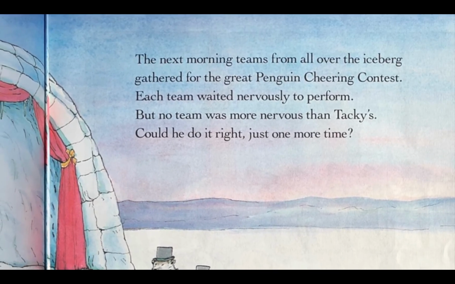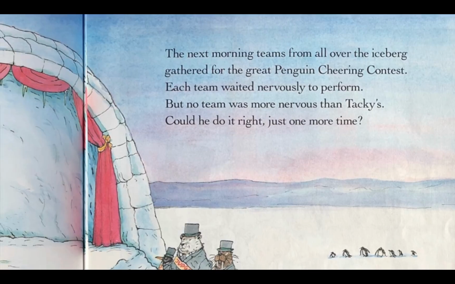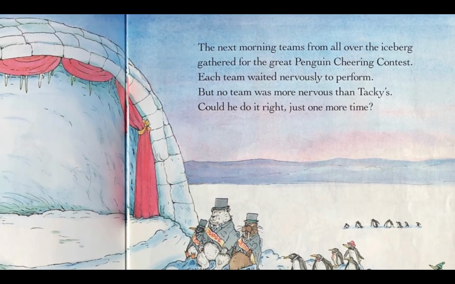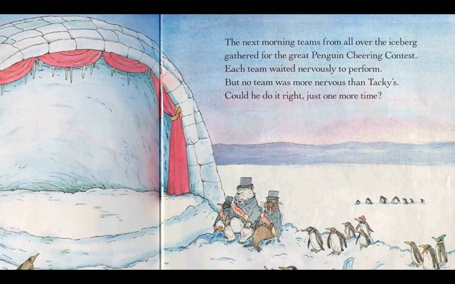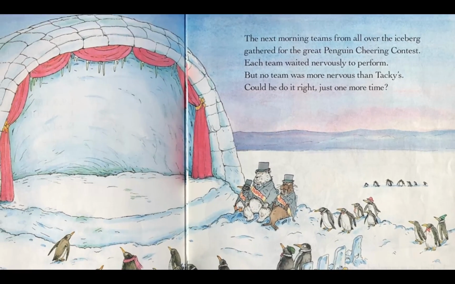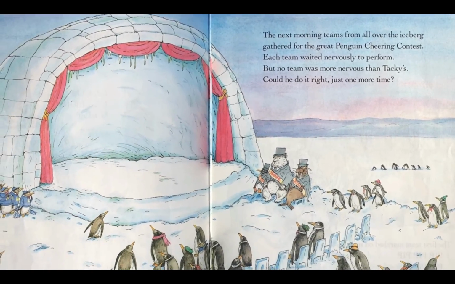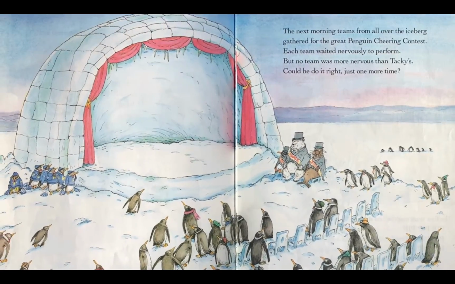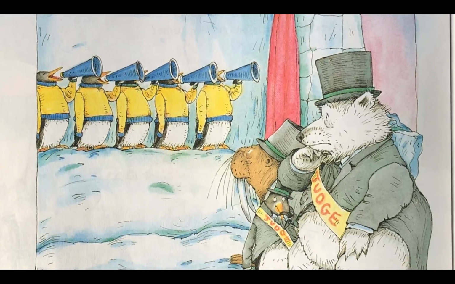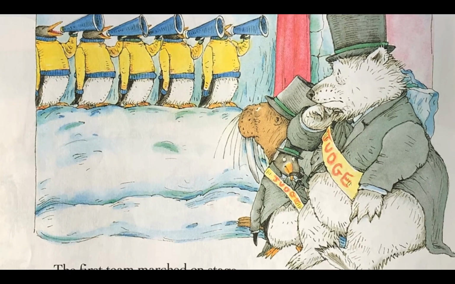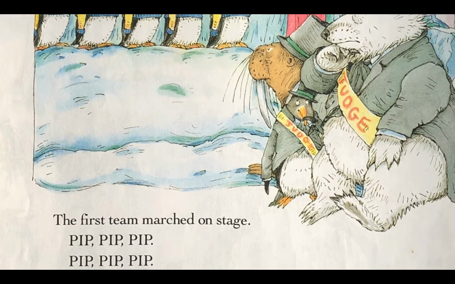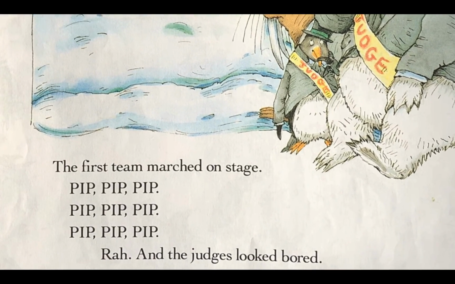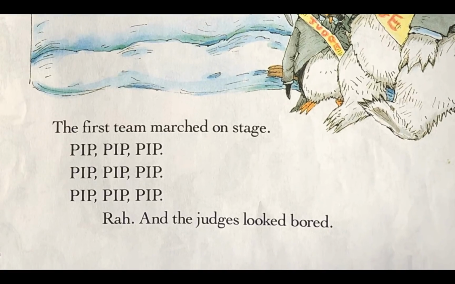The next morning, teams from all over the iceberg gathered for the great penguin cheering contest. Each team waited nervously to perform, but no team was more nervous than Tacky's. Could he do it right just one more time? The first team marched on stage. Pip, pip, pip, pip, rah! The judges looked bored.